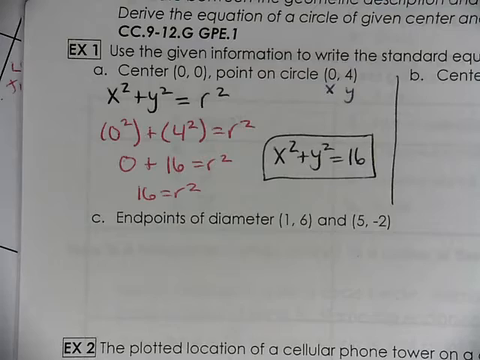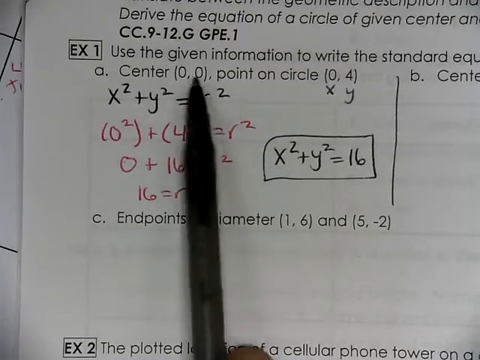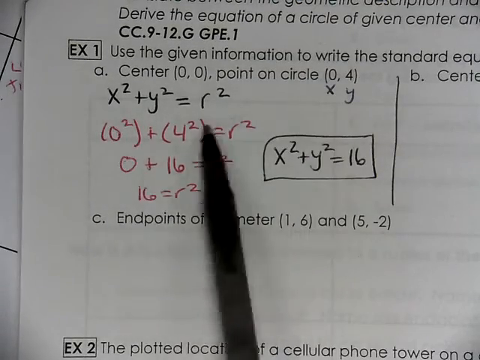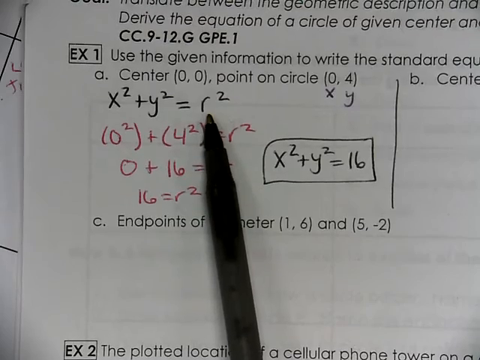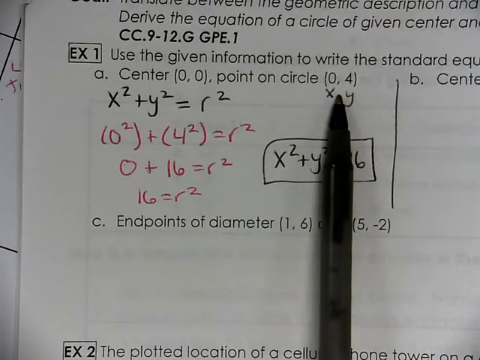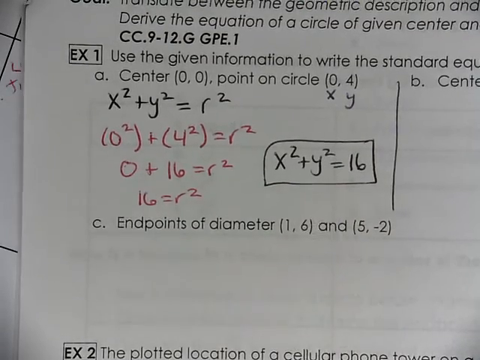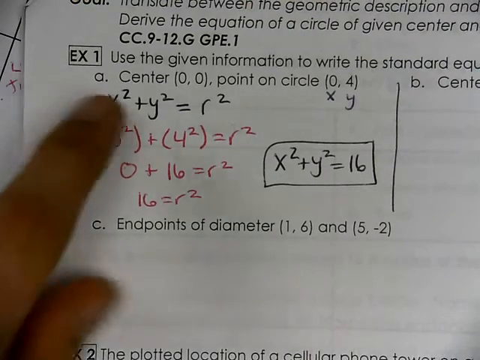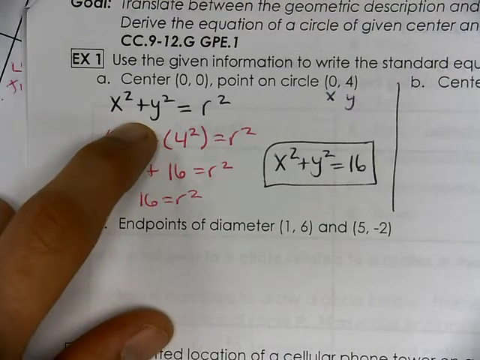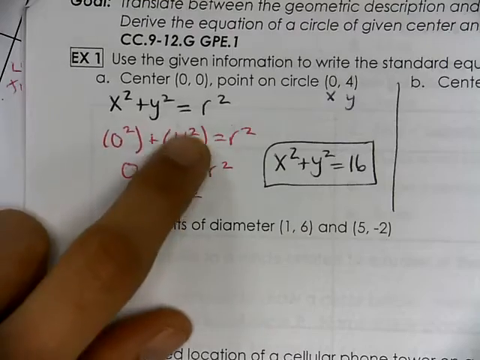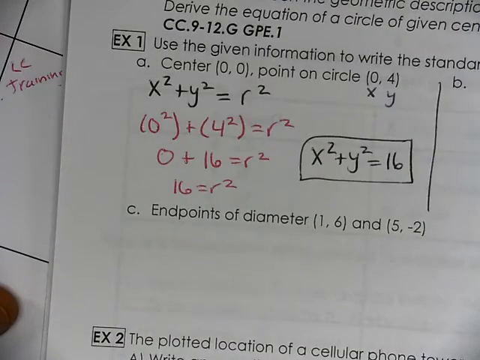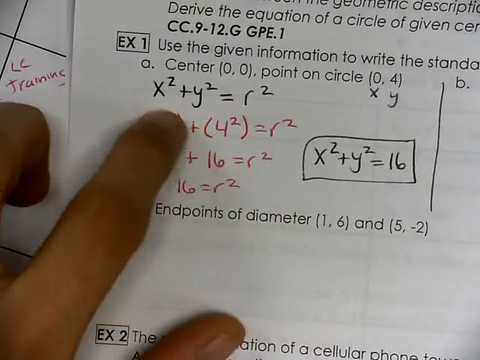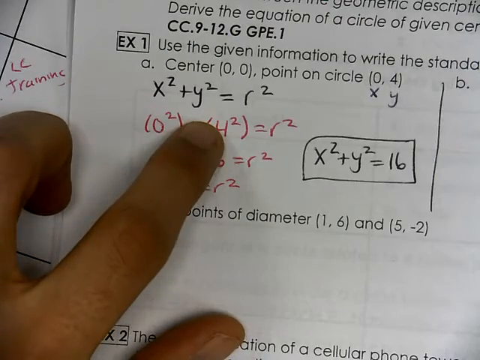Okay, you have to plug in the point that's on the circle. So you take your center, plug it in, get the beginning of your equation, take the second point, find r squared. Most people can do the first part, then they stop, and they just make it equal to r squared. Don't just leave it. The only letters you should have left at the end are x and y.